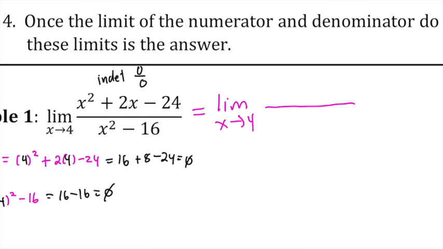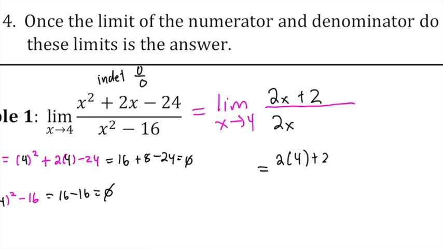Now, we can take the derivative of the top and bottom. The derivative of the top is 2x plus 2, and then minus 0, but we won't write that. On the denominator, the derivative is 2x, and then minus 16, the derivative of that is 0. Now we can substitute 4 into our equation.